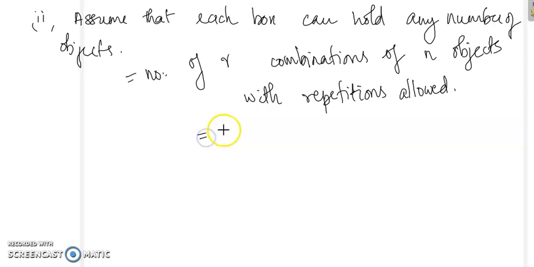So this is equal to the combination with repetition, that will be equal to H(n, r). So that is n plus r minus 1 C r. So that is the number of ways.